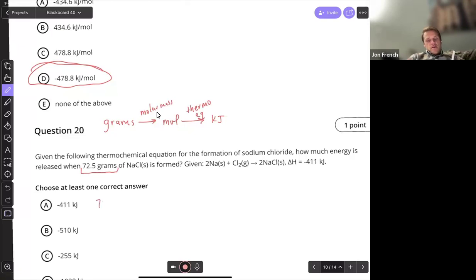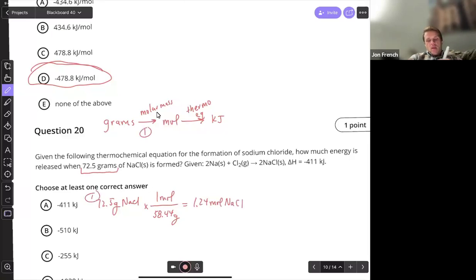So we're going to start with 72.5 grams of NaCl. The molar mass is 58.44 grams in 1 mole. Wow, question 20 is the first time I had to break out the calculator. Well, second time. 72.5 divided by 58.44, and I've got 1.24 moles of NaCl. That's step 1.